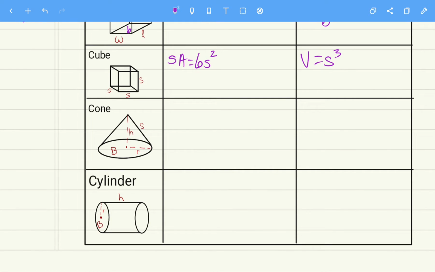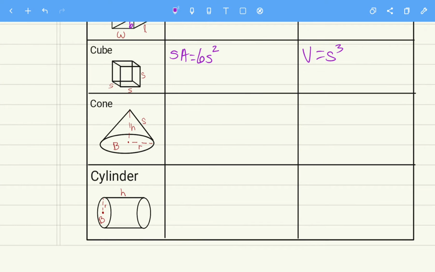Now let's look at cone. So anything like a cone or that comes to a point, like a pyramid, those are essentially going to be 1/3 times the base times the height.